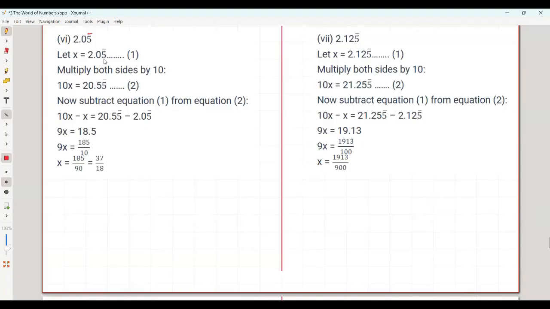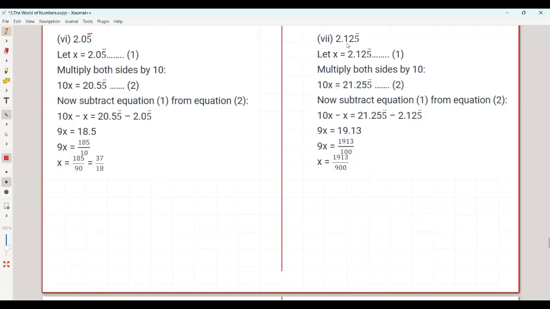So after the decimal point, we should have two decimal places. Now we subtract 2 minus 1. We are getting 18.5. So removing the decimal point, just divide by 10. Next step, just take this 9 to this side. So it will become 90. It can be simplified with the 5 table. If you are just simplifying with the 5 table, 37 by 18.